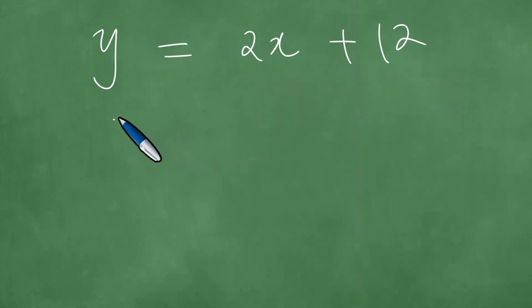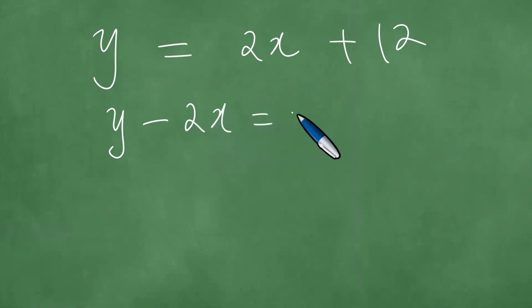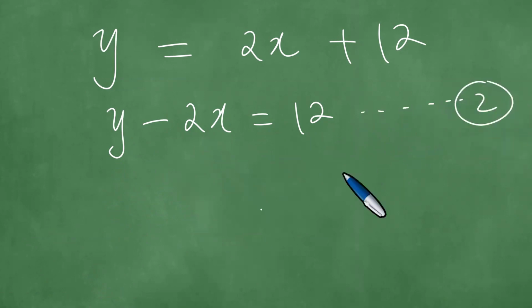In other words, we can interpret that as y minus 2x equals 12, meaning the larger number is 12 greater than twice the smaller number. Let us call this one the second equation.